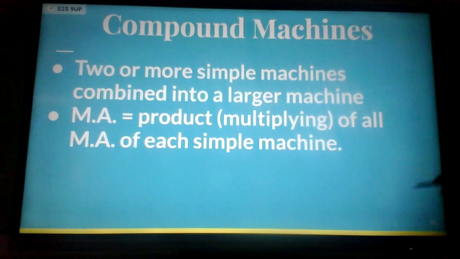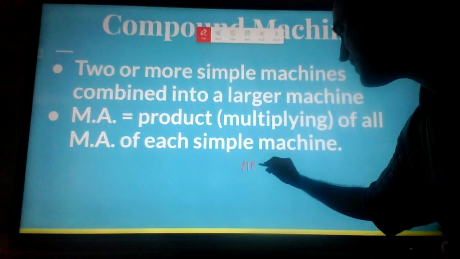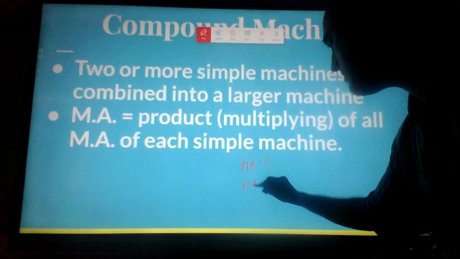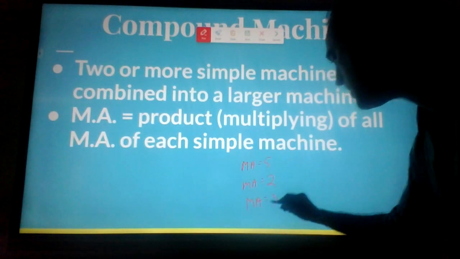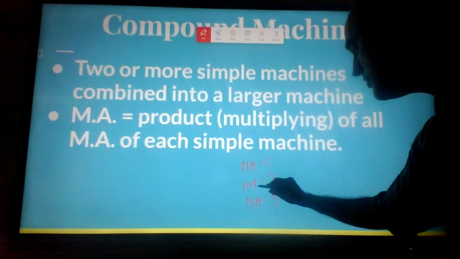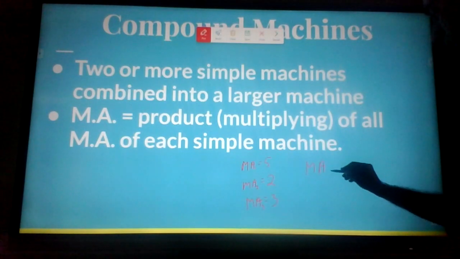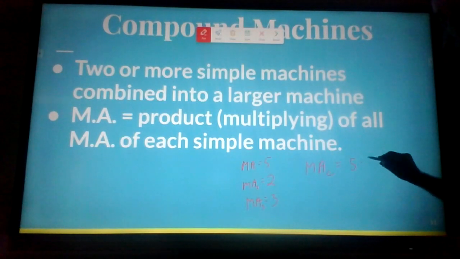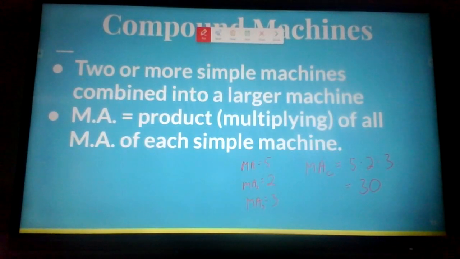Therefore, if one of the machines on your compound machine has an MA of 5 and another has an MA of 2, and let's say there are 3, an MA of 3, well, then the total mechanical advantage of the compound machine would be 5 times 2 times 3, which is simply 30. We just multiply them all.